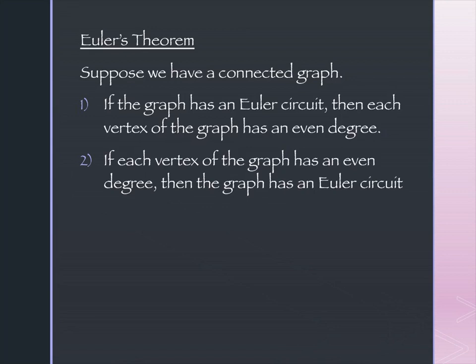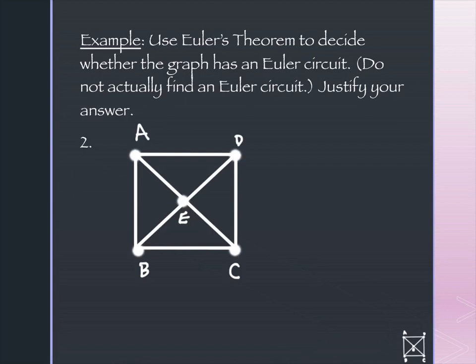We find the degrees of the points, and we see if they're all even. So let's do that. We're going to find all the degrees, but what's the degree of point A? 3. D? 3. C? B? E? 4. Okay, so some are even, some are not.